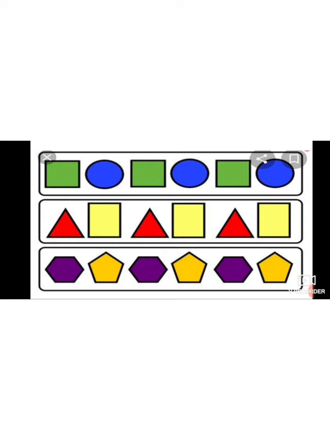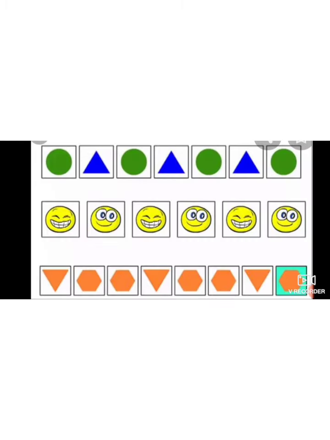Now look at these hexagons and pentagons. One hexagon, one pentagon, one hexagon, one pentagon, one hexagon, one pentagon. So next will be a purple hexagon and a chrome pentagon. Similarly, here too the color and the shape change.